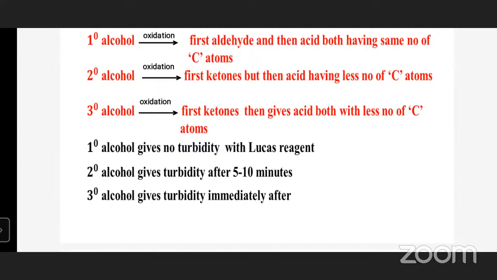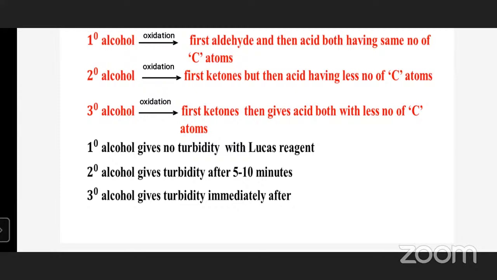Primary alcohol passed over a copper tube at 300 degrees Celsius gives aldehyde. So primary alcohol oxidation first gives aldehyde and then carboxylic acid, both having the same number of carbon atoms. Secondary alcohol oxidation first gives ketone with the same number of carbon atoms, and then carboxylic acid with fewer carbon atoms.